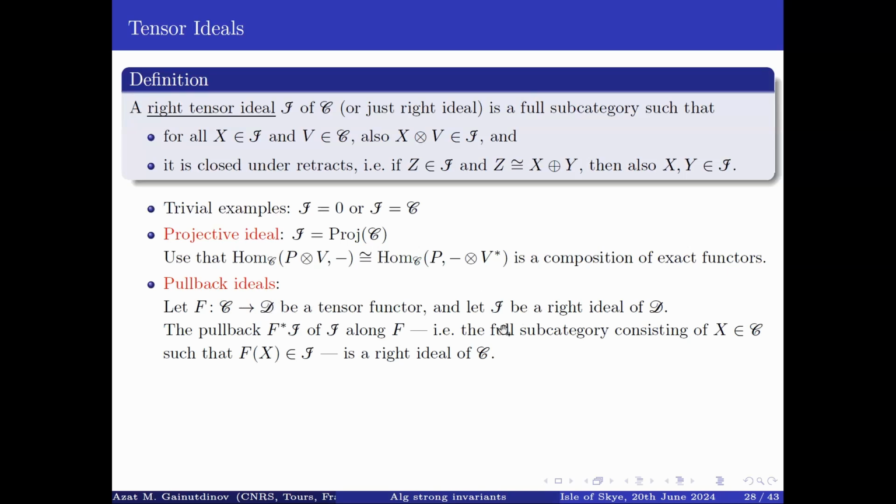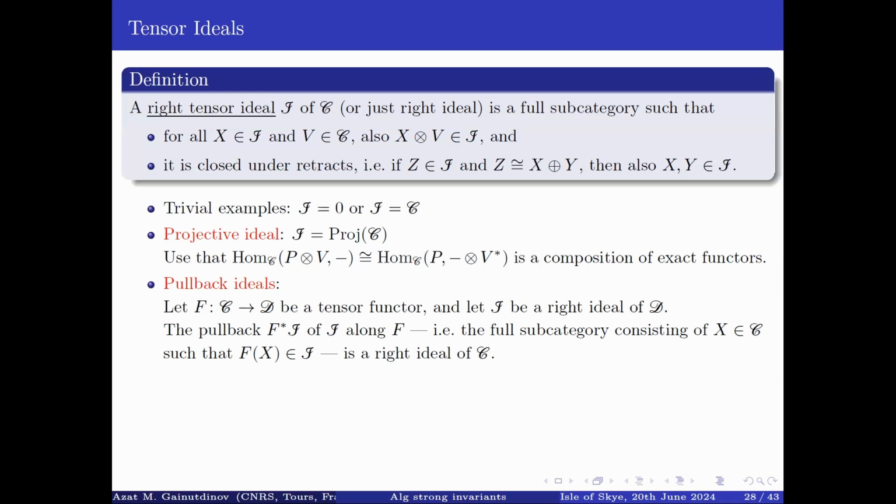For example, this right ideal might be proj D. And then we can look at the subcategory of pullback along this functor of ideal I. So it's a full subcategory consisting of objects in the source of the functor such that they all map to that ideal. And because the functor is a tensor, or a strong monoidal functor, such a pullback subcategory is a tensor ideal in C.